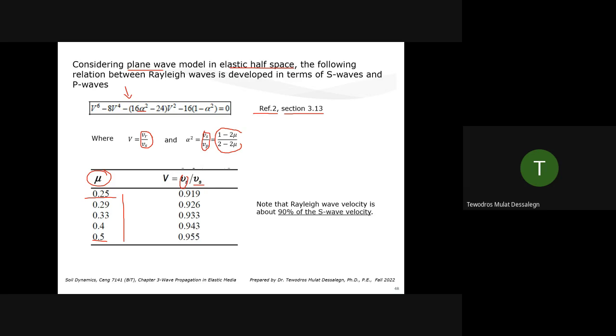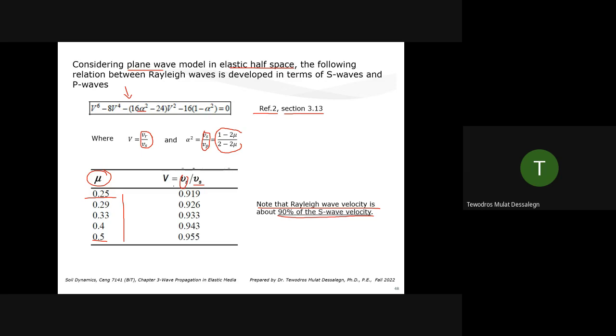So this tells us the Rayleigh wave velocity is like 0.91, 0.93, 0.95. It's slightly above 90% of the shear wave velocity. So note that Rayleigh wave velocity is about 90% of the shear wave velocity. So the Rayleigh wave is slower than the shear wave, but for different materials, it's about 90 to 95%.